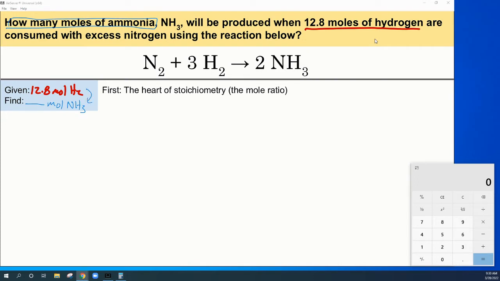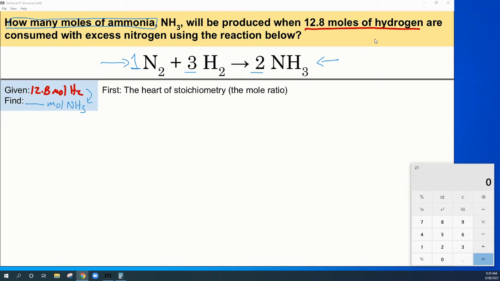Well, hydrogen can't magically turn into ammonia. There has to be a chemical reaction that allows that to happen. This reaction says that 1 mole of nitrogen reacts with 3 moles of hydrogen to produce 2 moles of ammonia, which is why the question is written out the way it is.